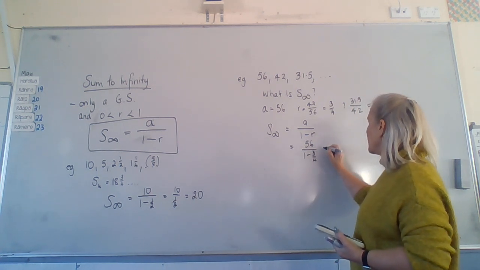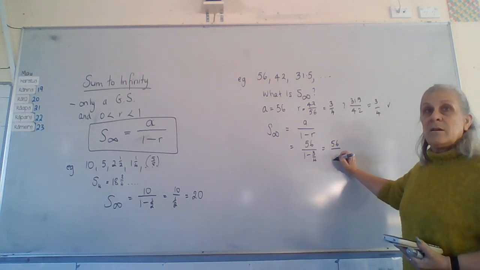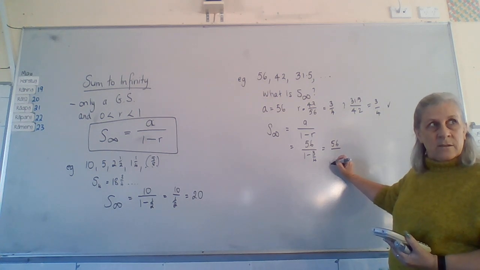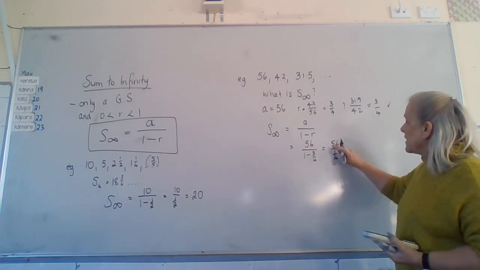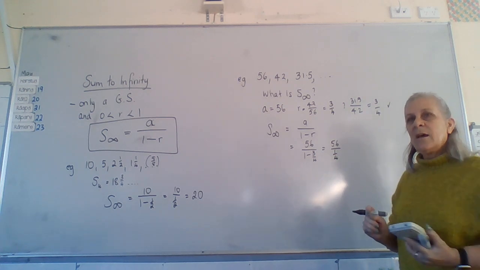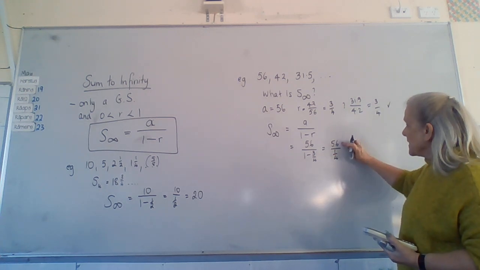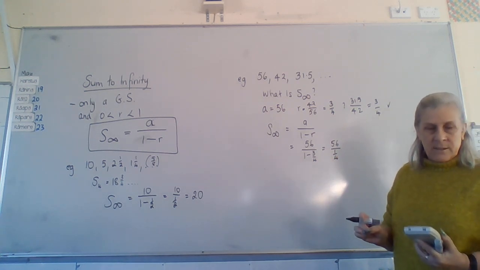What's 1 take away 3/4, guys? One pizza take away 3/4 of a pizza leaves how much of a pizza? 1/4. Good. And as I said before, that's not divided by, that's not a quarter of 56. It is 56 divided into quarters. So that's an awful lot of pizzas, right?